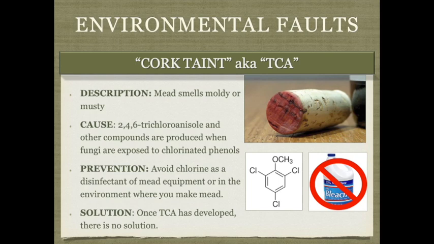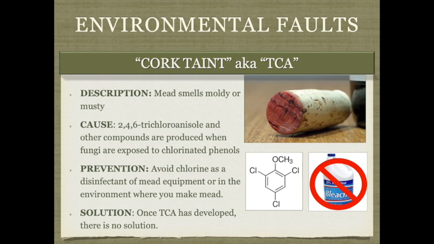Back in the day, they used to use chlorine to sterilize various things in the wineries, and this resulted in a high amount of cork taint. I read a study where 30 to 40% of bottles of wine had cork taint, and that's obviously a problem. If you don't know what this smells like, the best description is a moldy or musty root cellar. And you can detect this in even very small quantities.